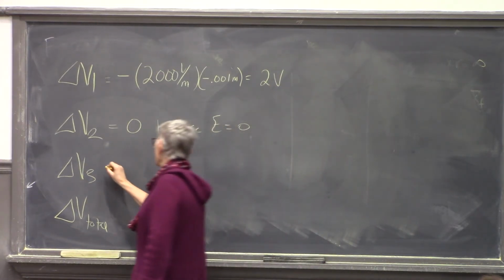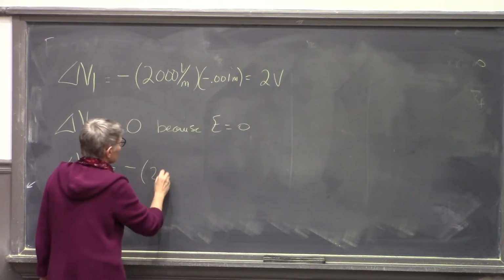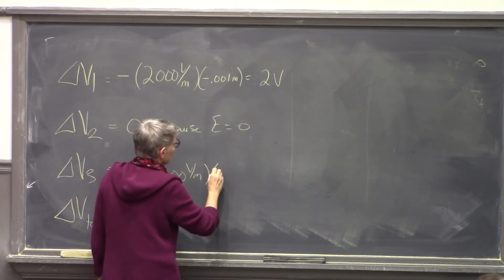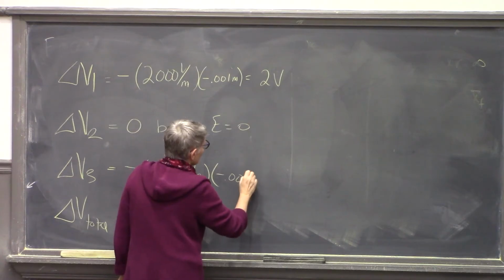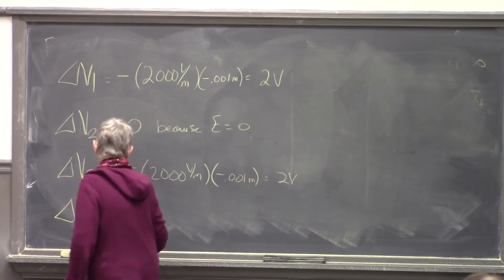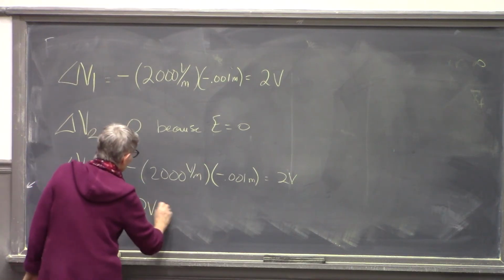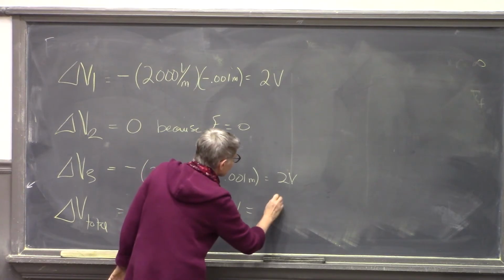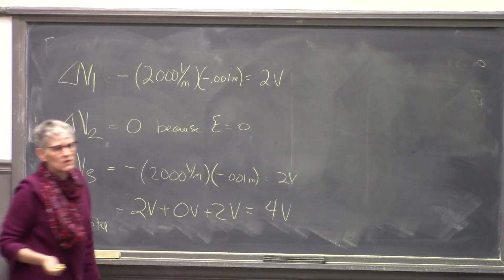And down here we have a negative 2,000 volts per meter times negative 1 millimeter. So we have another 2 volts. So now this is 2 volts plus 0 volts plus 2 volts is 4 volts, when it was 6 volts before.